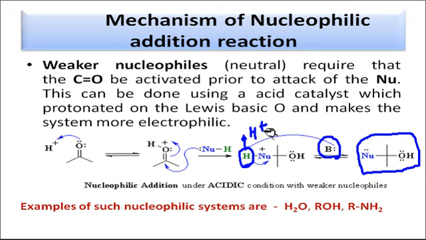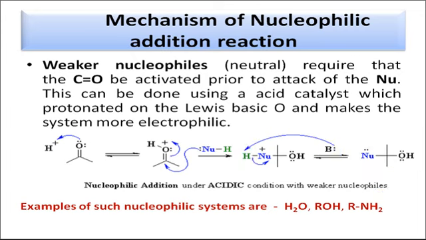So in the acidic condition with the weaker nucleophiles, nucleophilic addition reaction always takes place in these steps, in which first the protonation of the carbonyl oxygen takes place. Now when the protonation of this oxygen takes place, this carbon becomes more electrophilic. So in the second step, the nucleophile, which is the weaker nucleophile, attacks this electrophilic carbon atom and a sigma bond is formed between the nucleophile and the electrophilic carbon atom.